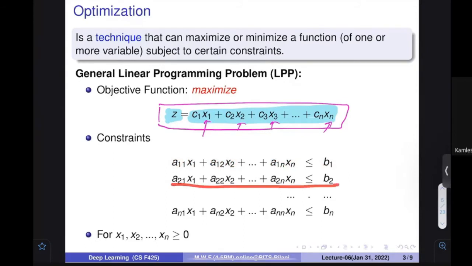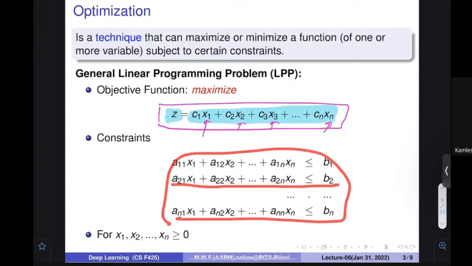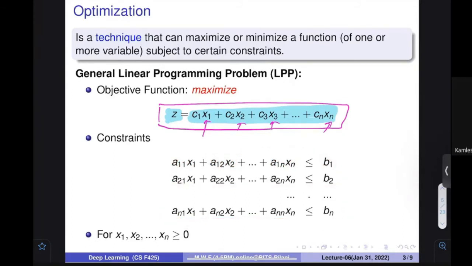And similarly here I can provide multiple equations, and providing these constraints, I want to find out the maximum or minimum value of this particular quantity. So this kind of formulation is called the linear programming formulation.